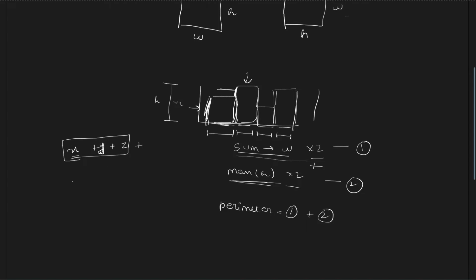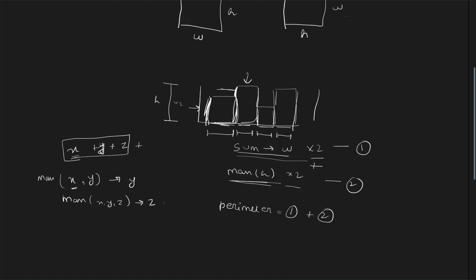Whereas if I talk about the height, then the height will only be considered once. If it is x, then the final height would be x. If y is the maximum, then I'll have to take the maximum of this, and then the height would be y. If z is the maximum, then the height would be z.